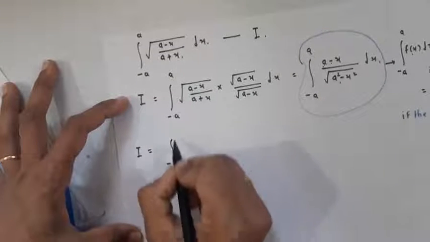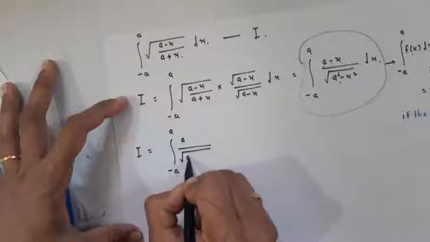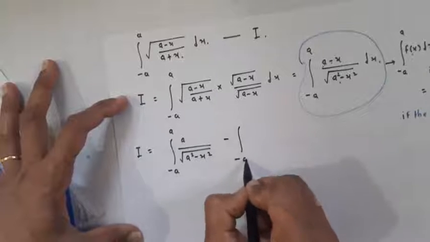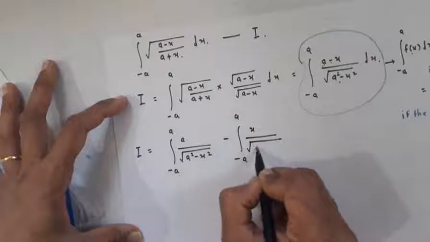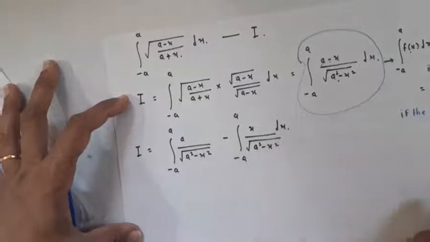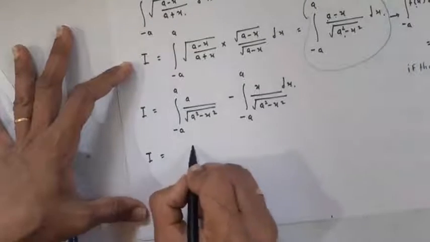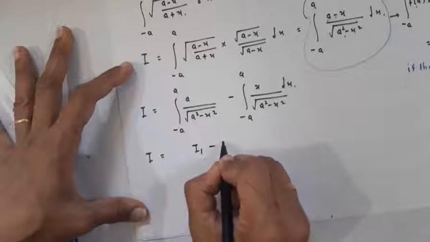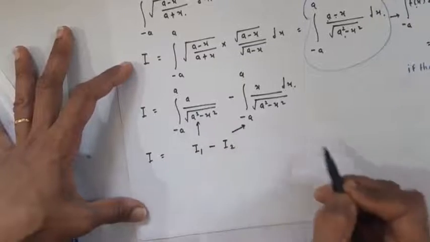That is the integral from minus a to a of a upon square root of a square minus x square, minus the integral from minus a to a of x upon square root of a square minus x square, with respect to x. So integration I we have split into two parts, I1 minus I2. This is I1 and this is I2.